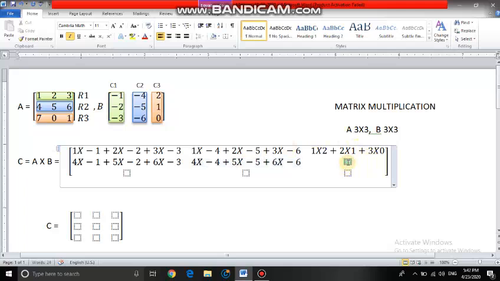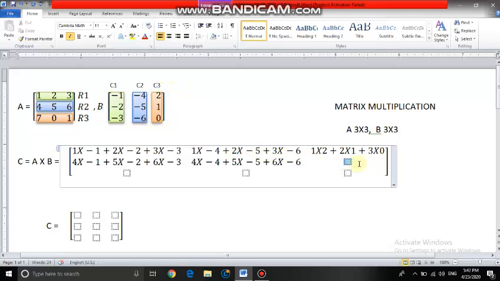Then this is the C23 element. C23 means the second row of the A matrix and the third column of the B matrix. The position of the element itself will suggest which row and which column I have to multiply.